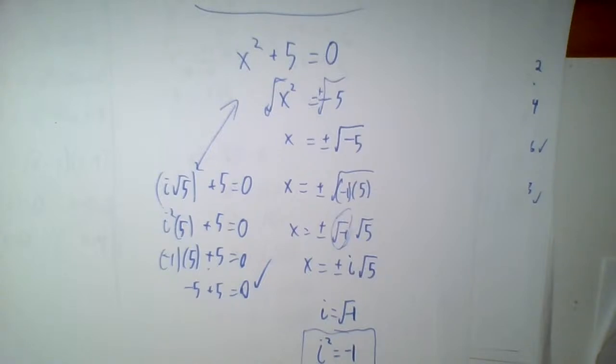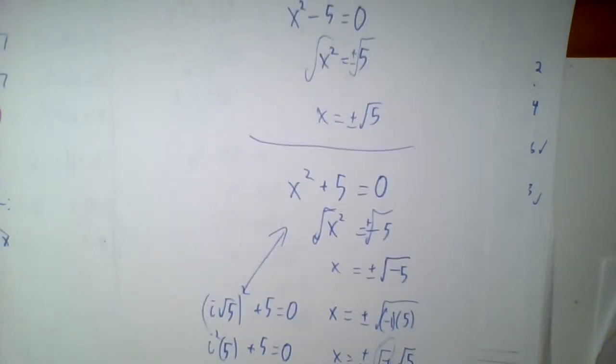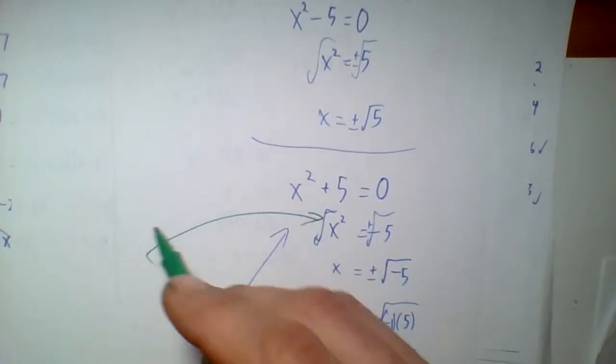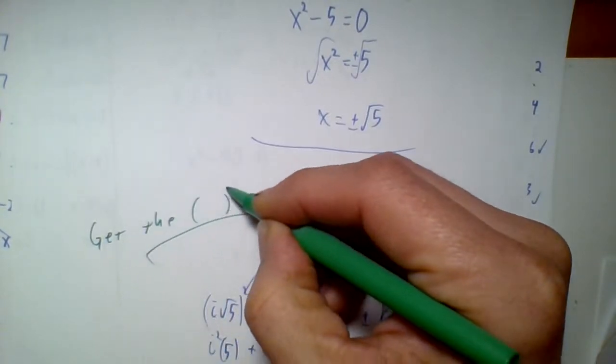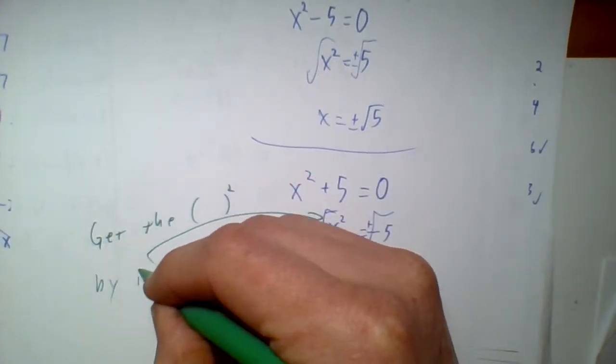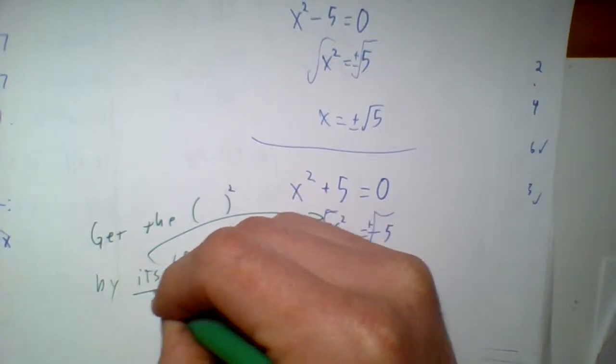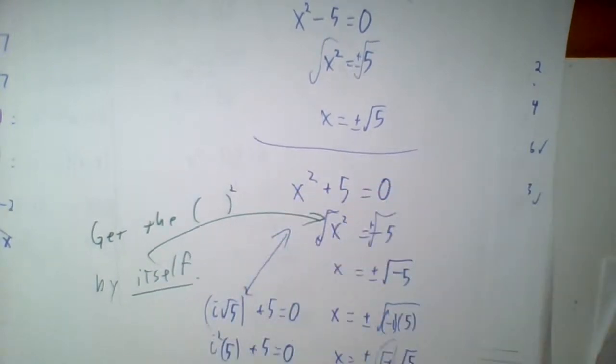Now, the key step to all of this was being able to do this right here and get the squared thing by itself. Before you can take the square root of both sides, you have to have this perfect square thing isolated.